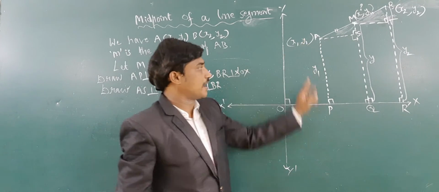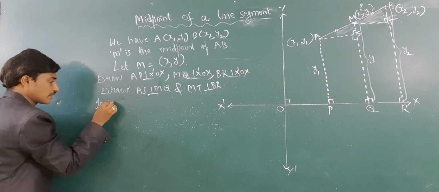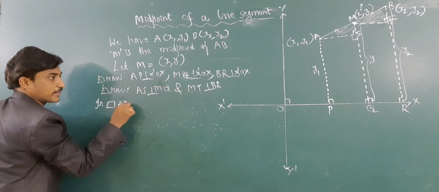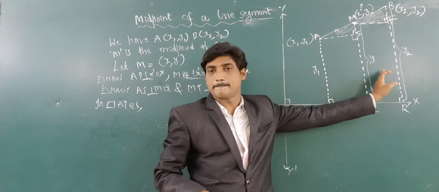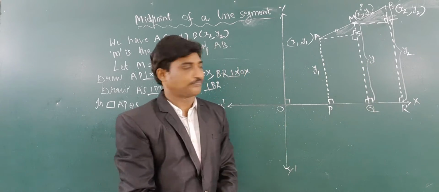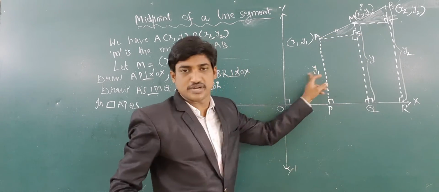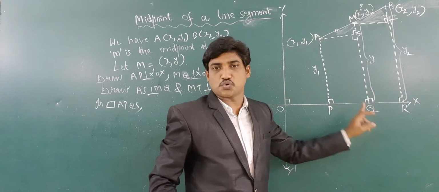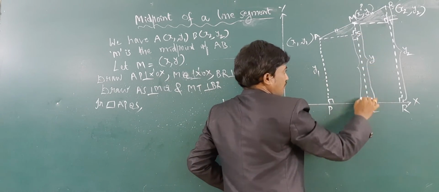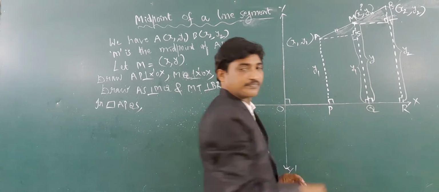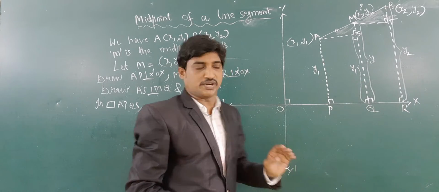In rectangle APQS, we know opposite sides are parallel and equal. So as AT is y1 units, SQ is also y1 units. AT is equal to SQ is equal to y1 units.